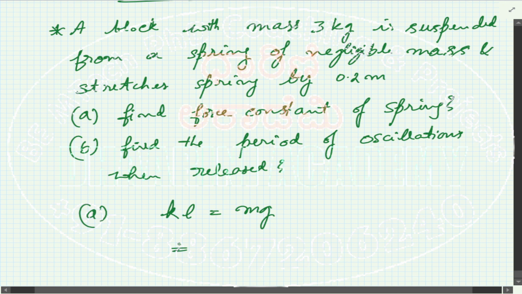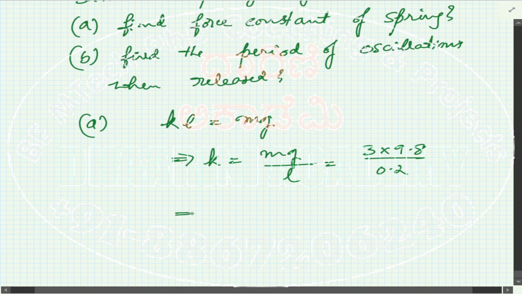So this implies if you want to calculate K, then this should be mass into g divided by L. So mass is given, this is 3 into g is 9.8 divided by length is equal to 0.2. So what is K now? So K is equal to 3 into 9.8 by 0.2. This means it is 147 newtons per meter.